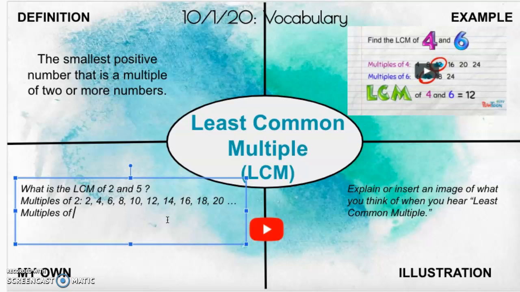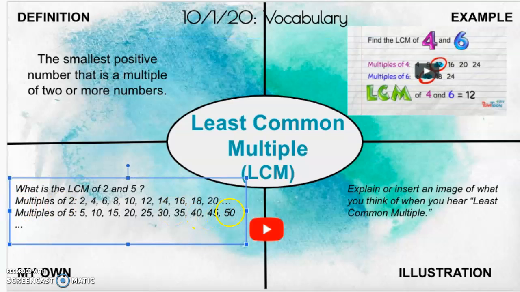Multiples of 5 are going to be 5, 10, 15, 20, 25, 30, 35, 40, 45, 50, and so on.